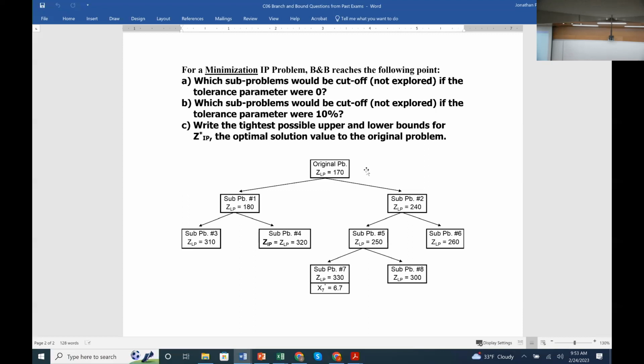Then identify the incumbent. The incumbent is one end of the possible range of the optimal value of the original problem. Then you scan across all the leaves and see which of the unexplored leaves has the best ZLP. Is that the biggest or the smallest? Depends whether it's a min or a max. That gives you the range.